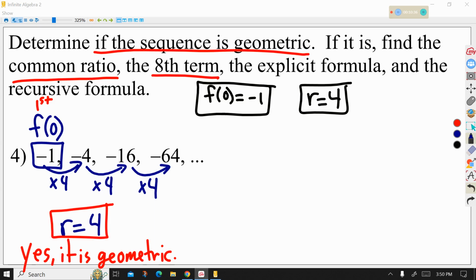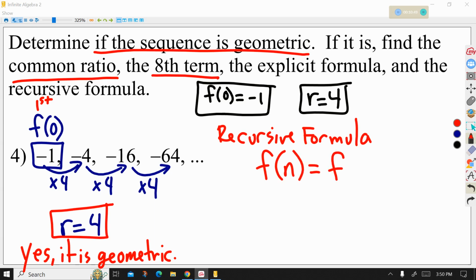Okay, so the recursive formula. To get the recursive formula, we know that the next term is equal to the one before it times our common ratio, which is 4. So this would be it for number 4.